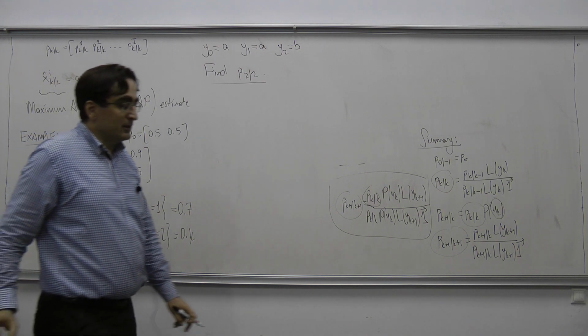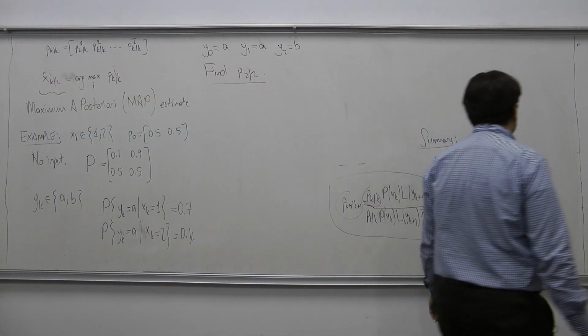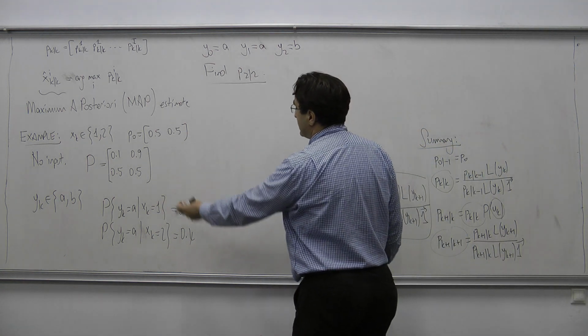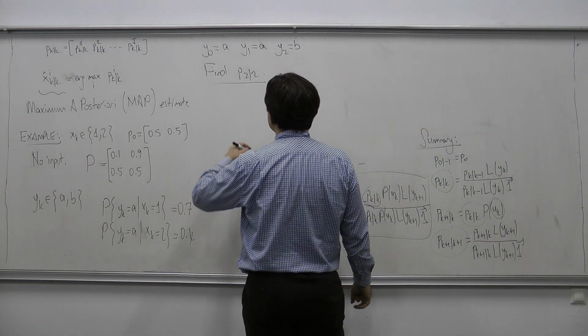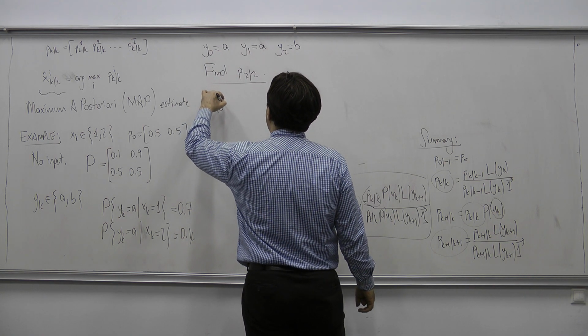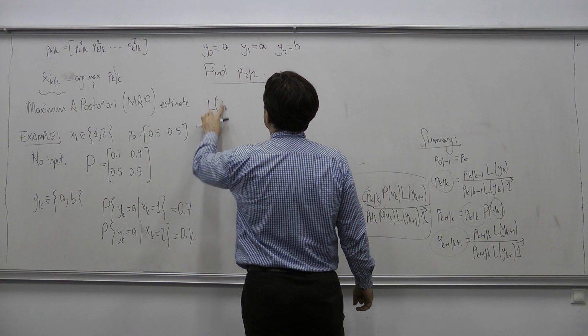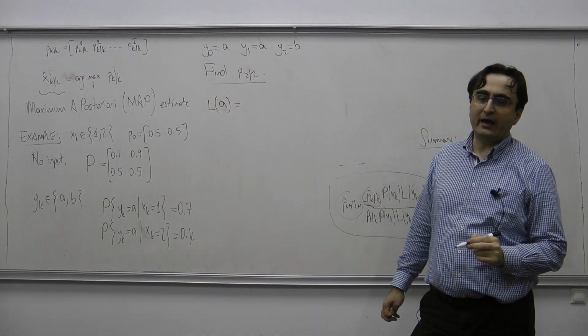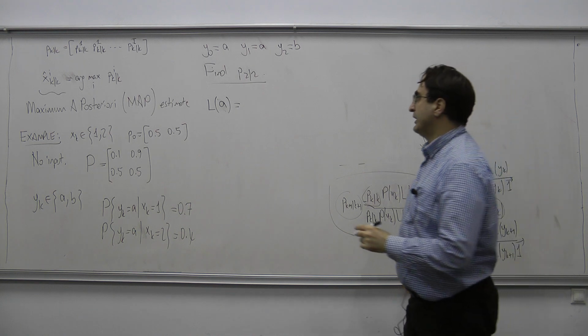The first thing that I'm going to do is to calculate the likelihood matrices for the different output values. So I have, let us say, L of yk is equal to A. I will call this L of A, the likelihood matrix.